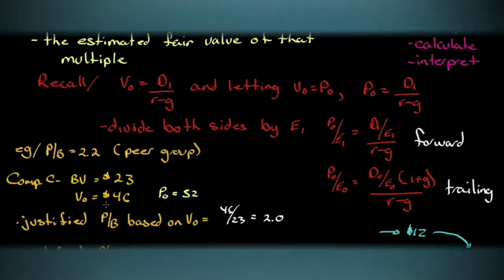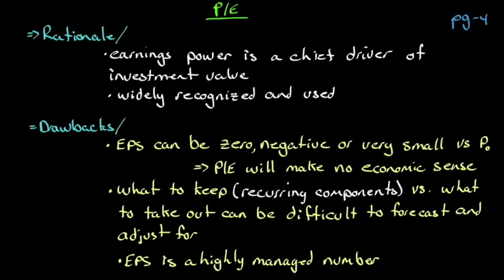Okay, let's move on. Let's start with our first price multiple, which is price to earnings. You'll notice that there is no learning objective at the top of this page, because there are about 8 to 10 learning objectives that apply not just to this multiple, but to the other 4 that we're covering as well.